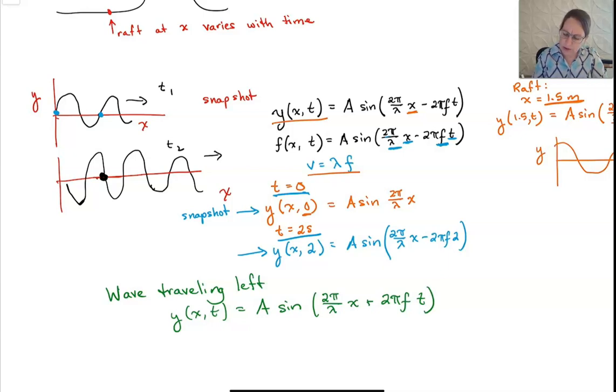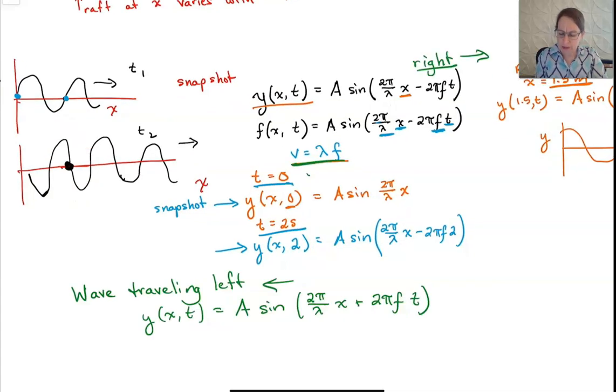So this is a wave traveling to the right, and this is a wave traveling to the left. And in both cases, the wave speed is given by this same expression that we've used before. So this gives us a mathematical expression of the wave.